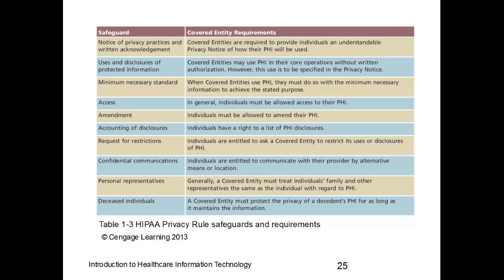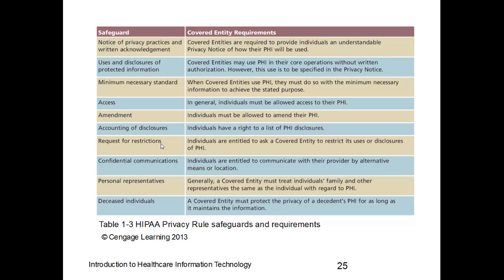On this table, we have a listing of the HIPAA privacy rule safeguards and their various requirements. For example, a notice of privacy practices and written acknowledgement. So what that means is the covered entities are required to provide individuals an understandable privacy notice of how their information will be used. Some other examples: accounting of disclosures. The individuals receiving healthcare have a right to a list of the PHI disclosures, who is getting their information, and for what purpose.